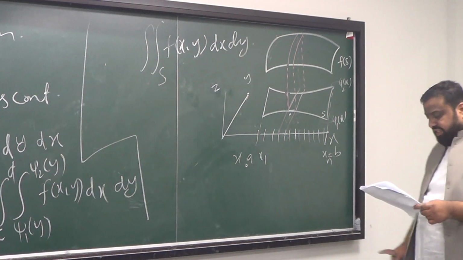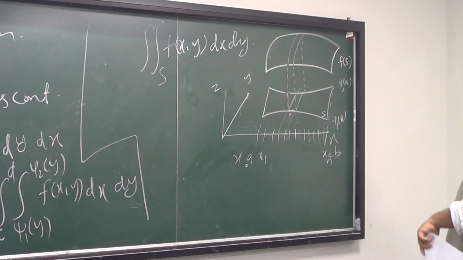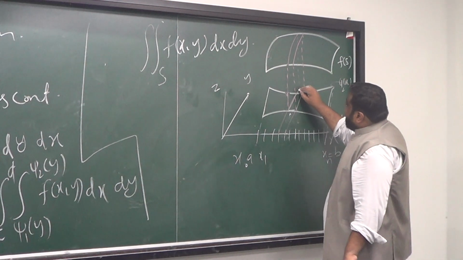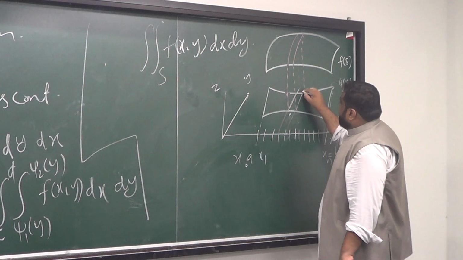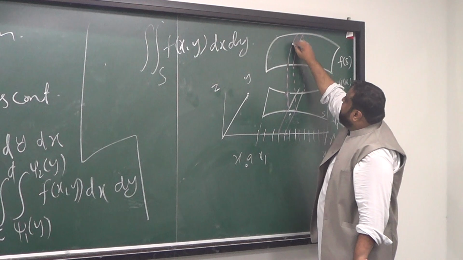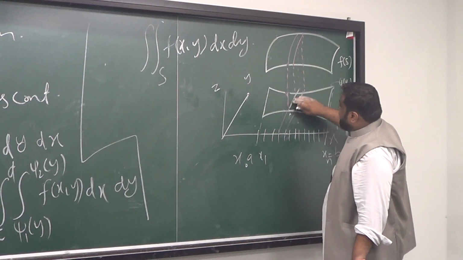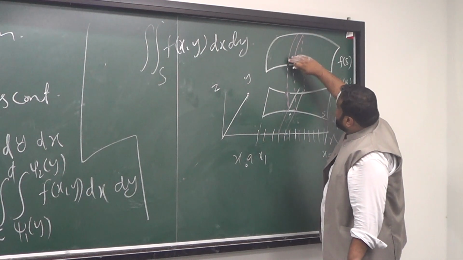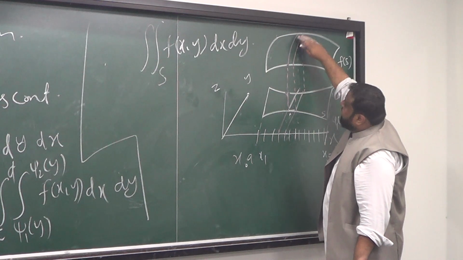So here's the thing. I am taking this and slicing it up. So this is a curve. If this is xi, what would be the interpretation of this curve? Z of xi.